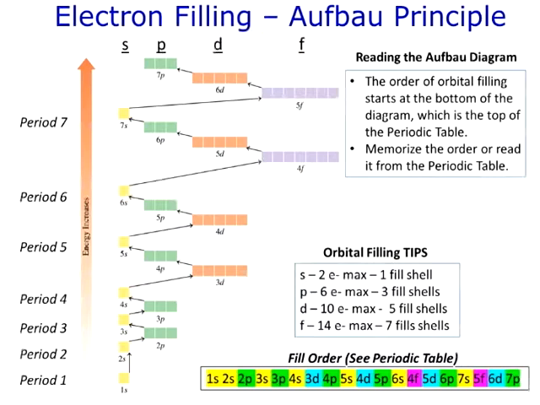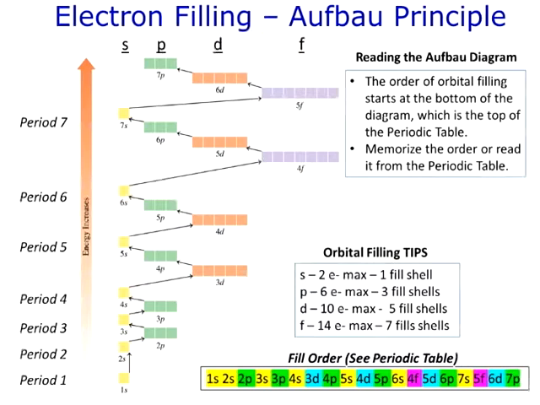The order of the orbital filling starts at the bottom and it works its way toward the top from the lowest energy to higher energy. You either memorize the order or read it from the periodic table. A couple of tips for filling in orbital diagrams and for writing electronic configuration.